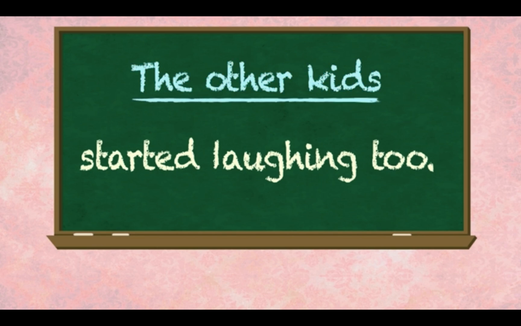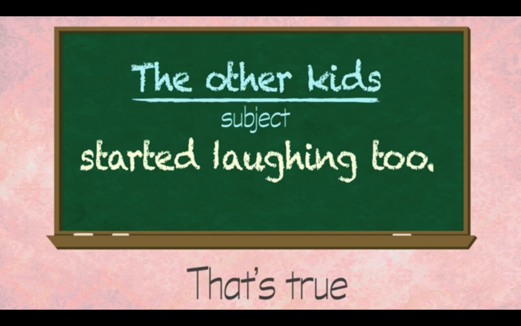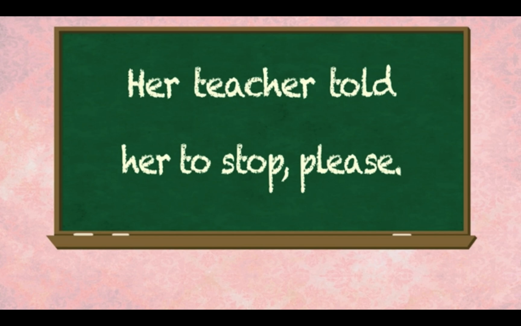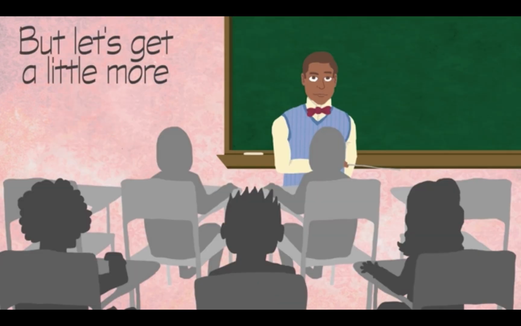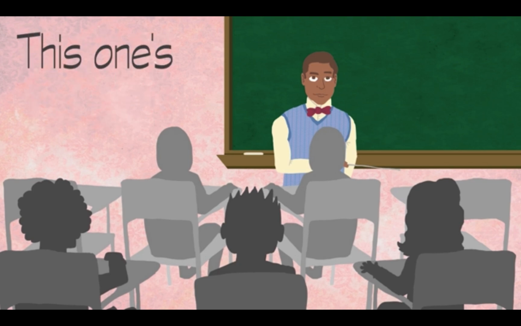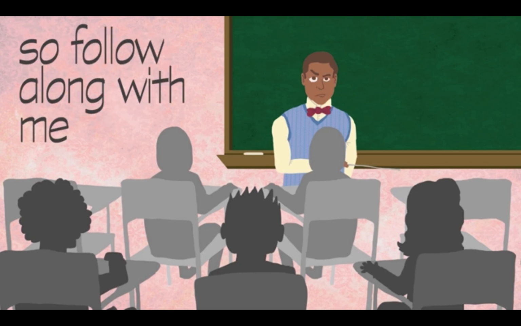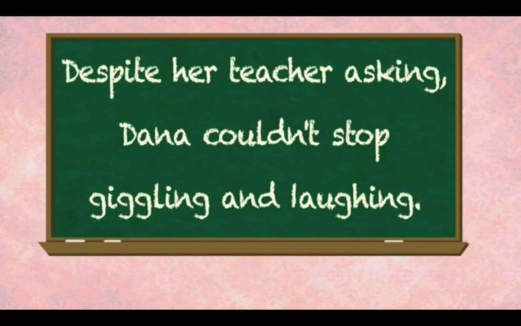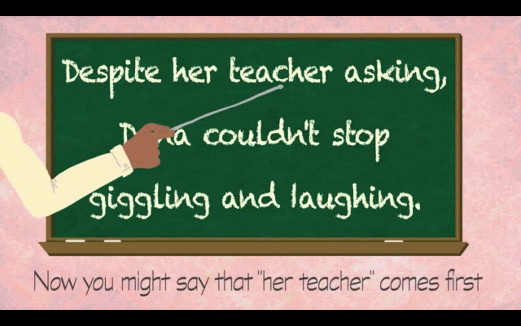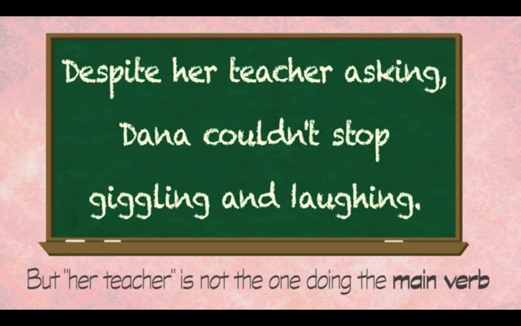The other kids is the subject. That's true. Her teacher told her to stop, please. Her teacher is the subject. Yes, indeed. But let's get a little more tricky. This one's messy, so follow along with me. Despite her teacher asking, Dana couldn't stop giggling and laughing. Now you might say that her teacher comes first, but her teacher's not the one doing the main verb. It's Dana, the subject once again.